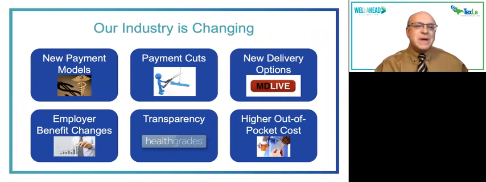There are ways for patients to be able to seek out information now online. You know, most of us have online profiles and those can be looked at and those drive people's decisions. And of course, the higher out-of-pocket costs that they have because of their insurance changes, that certainly has changed people's minds about how they make decisions about their health care.